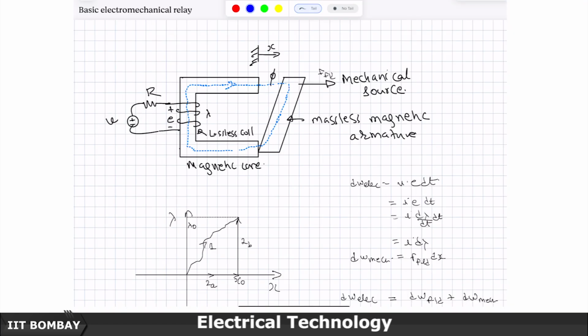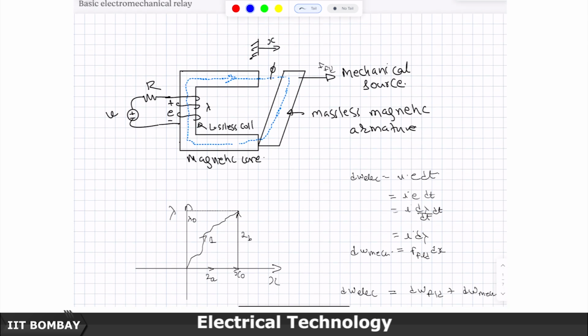But E can be written by Faraday's law as d lambda by dt, and already the polarity of E has been so chosen in the figure that it is opposing the growth of current inside the system. Therefore, E will be written only as d lambda by dt, not as minus d lambda by dt. So I substitute for E: d lambda by dt times dt, which means that dW electrical, the incremental energy which is pumped into the system, is I times d lambda.